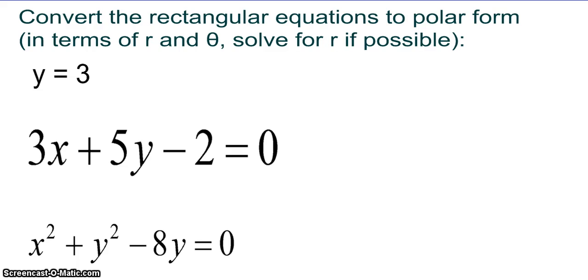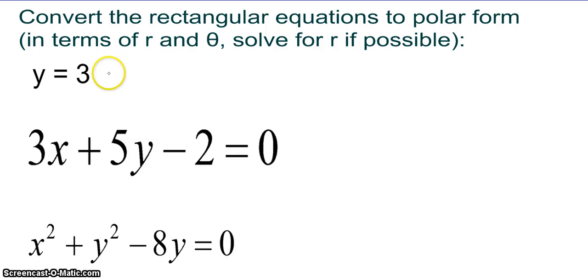Next, we want to look at converting the rectangular equations to polar form in terms of r and theta. If it's possible, we want to solve for r. So, for example, if I have y equals 3, well, I know y is r sine of theta.